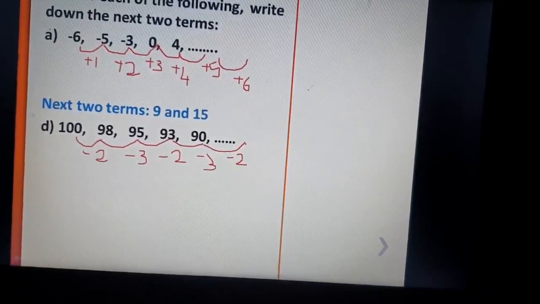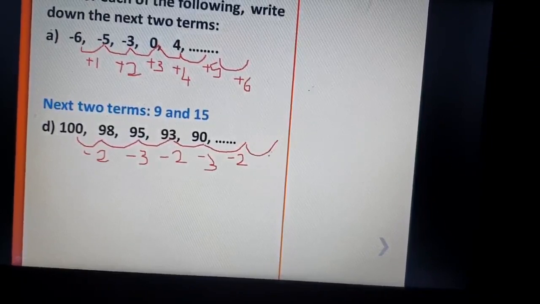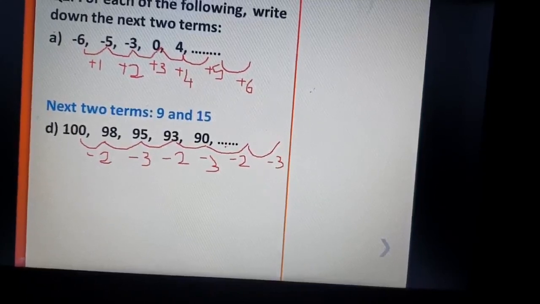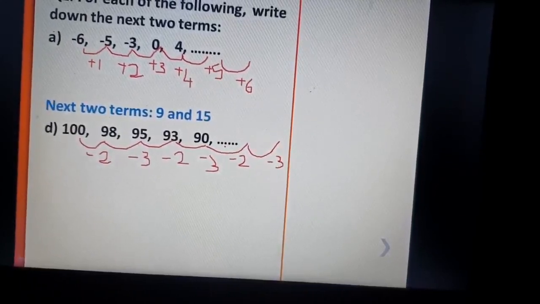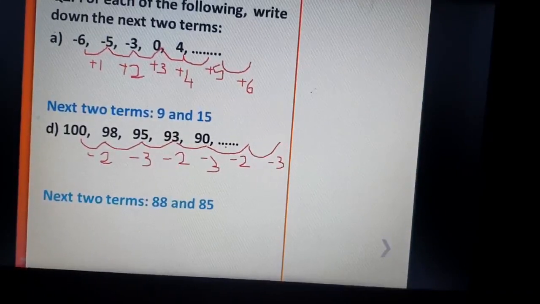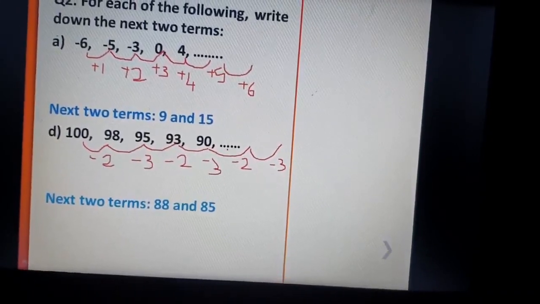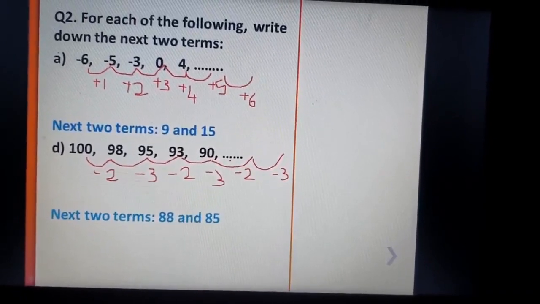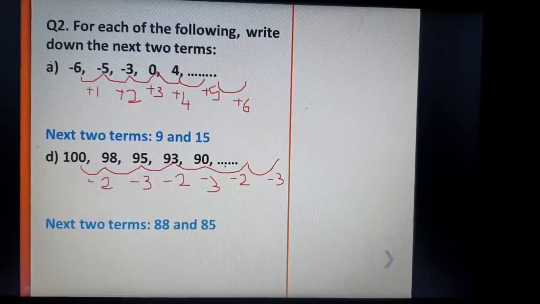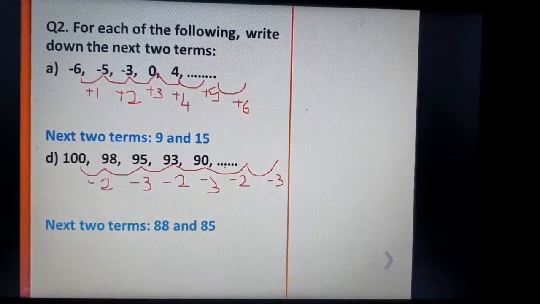And from that number again the next term will be minus 3. Correct? So what is 90 minus 2? Yes, it is 88. And 88 minus 3. Yes, 85. Clear?